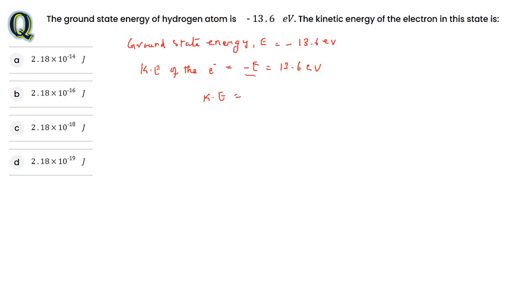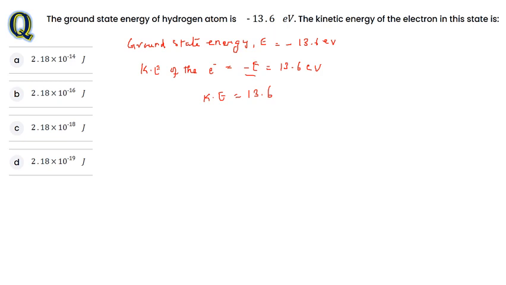Once you are moving from the ground state to a higher energy state, it should get some energy. Whenever the electron is excited, that energy should be greater than 13.6, so that it moves to the higher energy state. But at the same time, it would not be stable at that state. Again it will come back to the lower energy state with release of some energy.